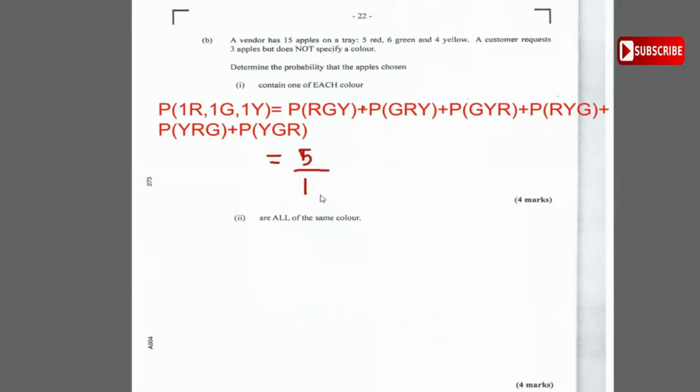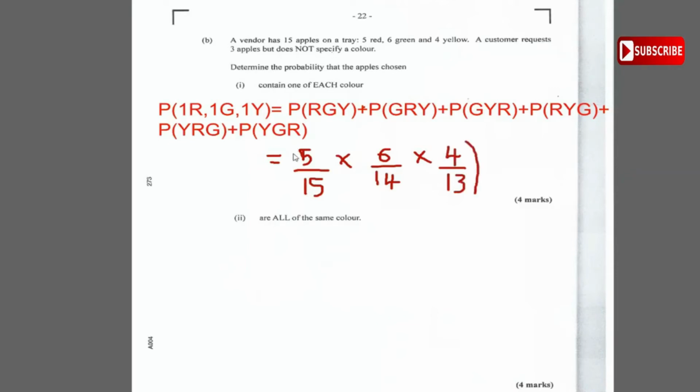That's the chance of getting a red, times the chance of getting a green is 6 out of, now if you take out 1 red, you're left with 14, times, then now you have yellow, which is 4 out of 13.